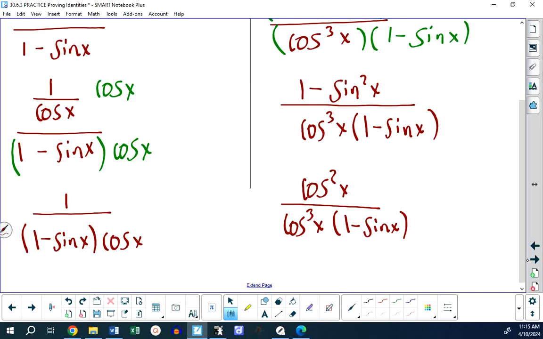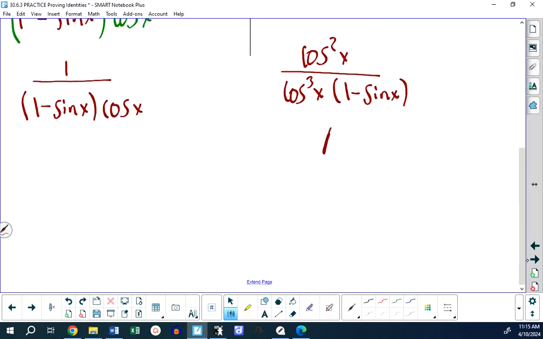And I hope you see that if I had a fraction with a squared on the top and a cubed on the bottom, and whatever else on the bottom, a squared cancels from the top and the bottom. So what happens here at the top of the screen is I have cos squared of x over cos cubed of x. A cos squared cancels with a cos squared, and I'm left with cos of x in the denominator.